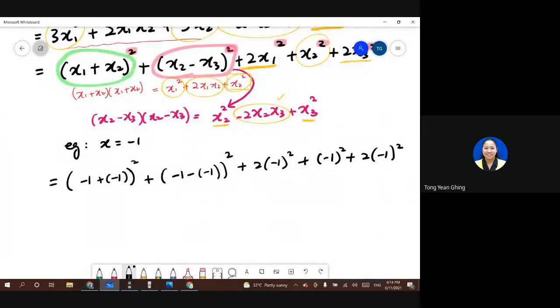And here, -1 minus -1 square, negative, this one becomes 0.